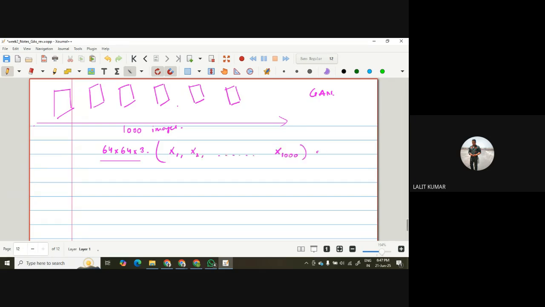These are IIDs because we are assuming they are coming from the same distribution, IIDs coming from P_x(x), and it belongs to R^3. So now the objective is what? The objective is that I pass, for example, one vector, I just give one z, and I want to generate an image which should look like it is coming from the same distribution.